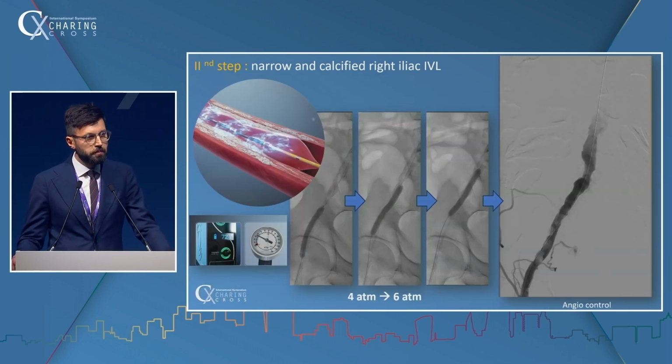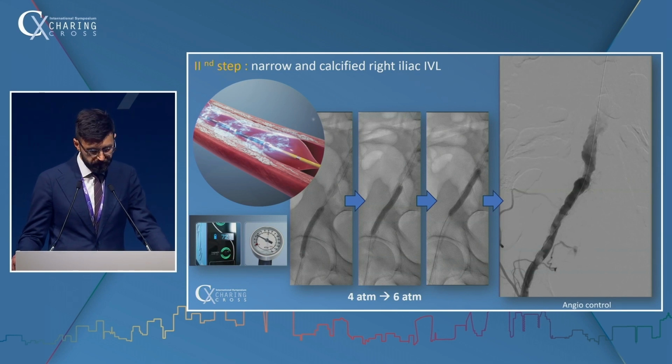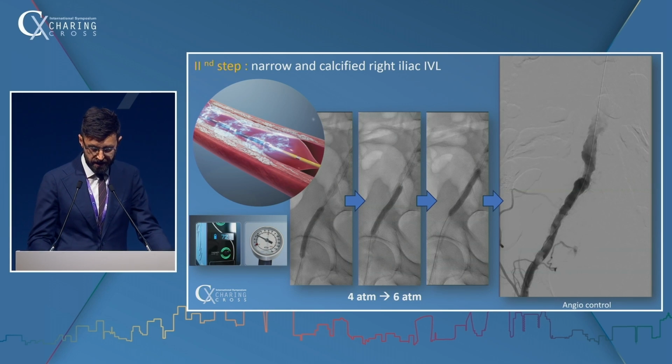We also treated the proximal common femoral artery with the same balloon, with a complete balloon expansion, with a very nice angio result, an impressive luminal gain, and no sign of dissection after IVL.